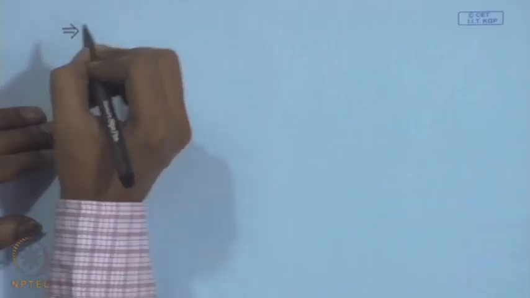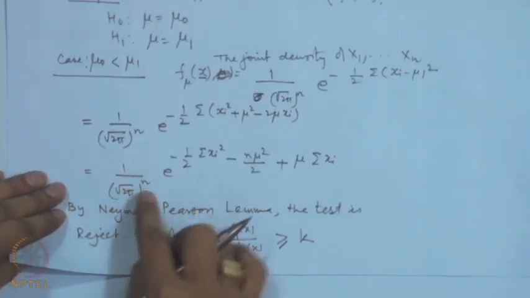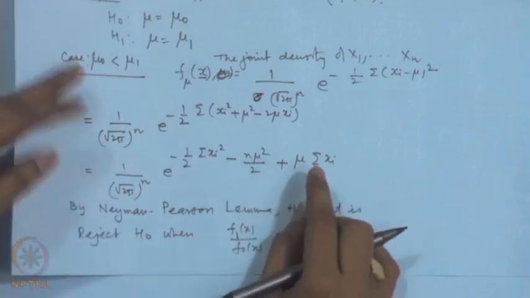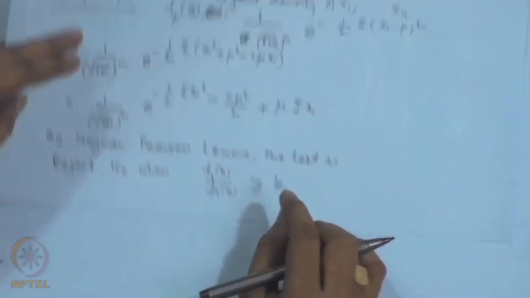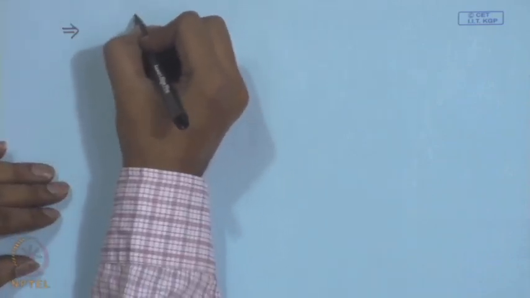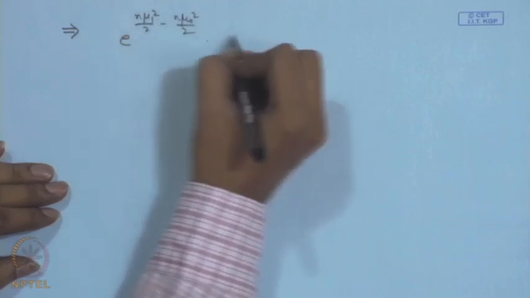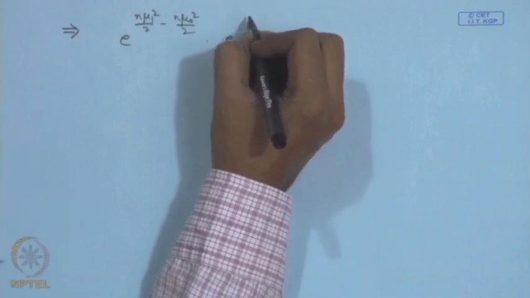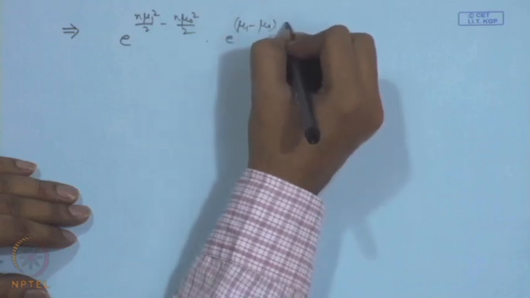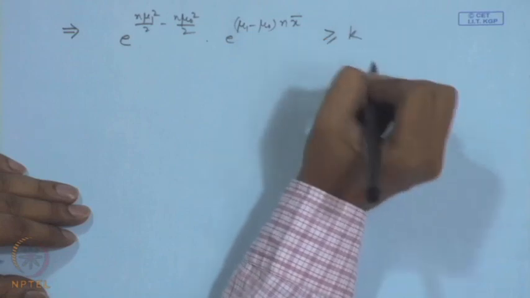So, this condition is equivalent to, now here we are having f 1, where mu 1 is coming, and in f naught we have mu naught. So, when we write the ratio, these terms get cancelled out. We are getting e to the power n mu 1 square by 2 minus n mu naught square by 2, times e to the power mu 1 minus mu naught sigma x i, which we can write as n x bar, greater than or equal to k.